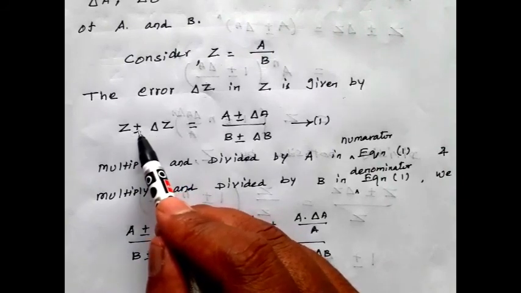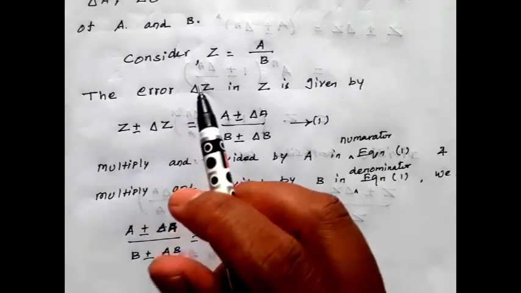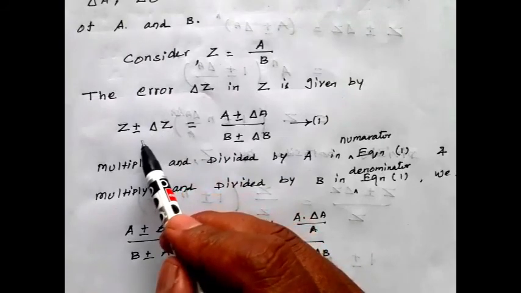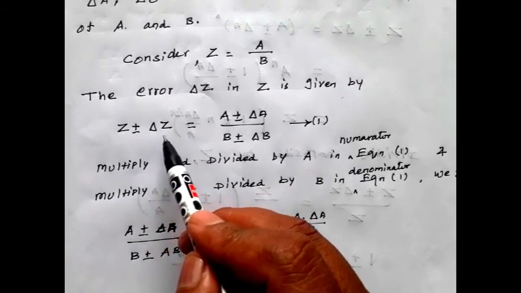Maybe the error will be more than the actual value or less than the actual value. That is why we write Z plus or minus del Z.